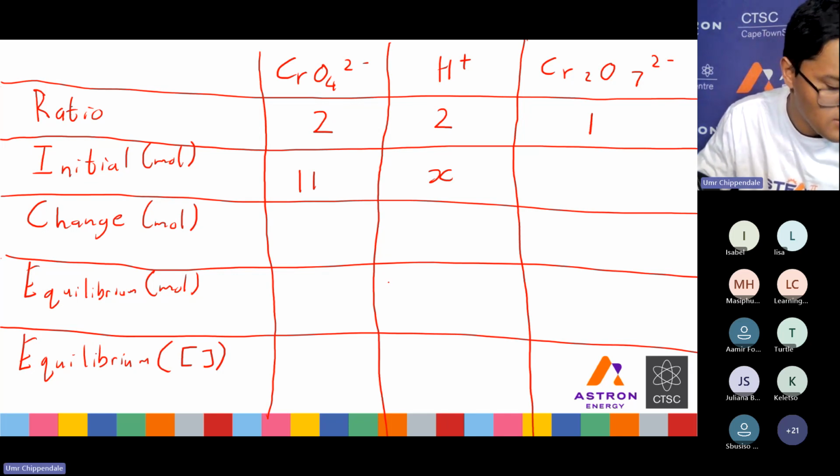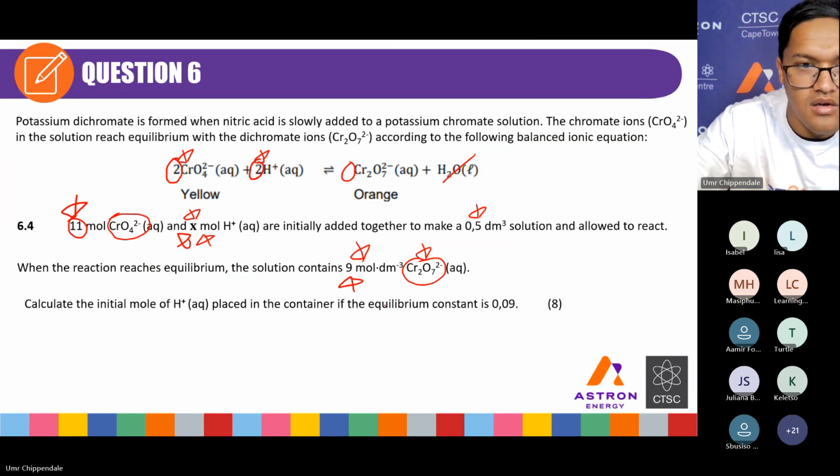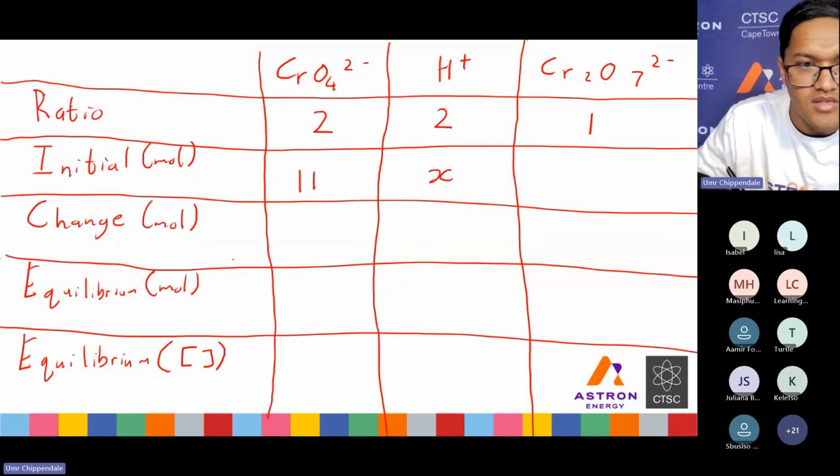So it's going to be found down over here. Right, the number of moles that we found was 9. Yeah, the number of moles for our concentration. Moles per decimeter cubed. Don't write it by the wrong place. So concentration at equilibrium is 9, which is this over here. So I write 9 down there.